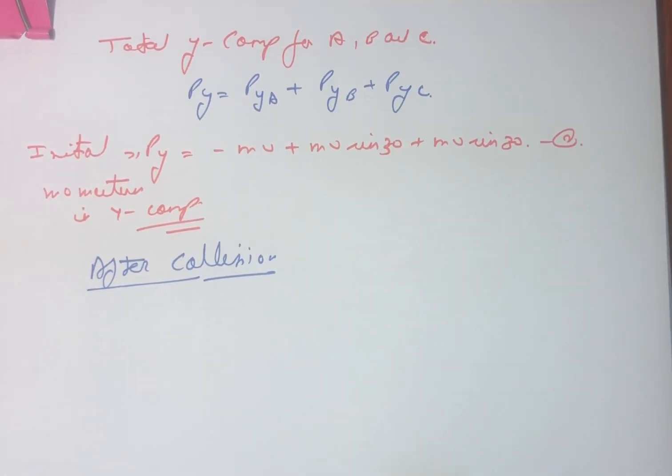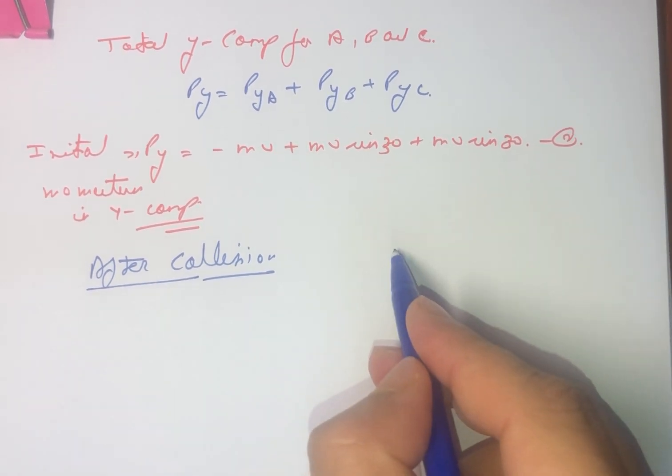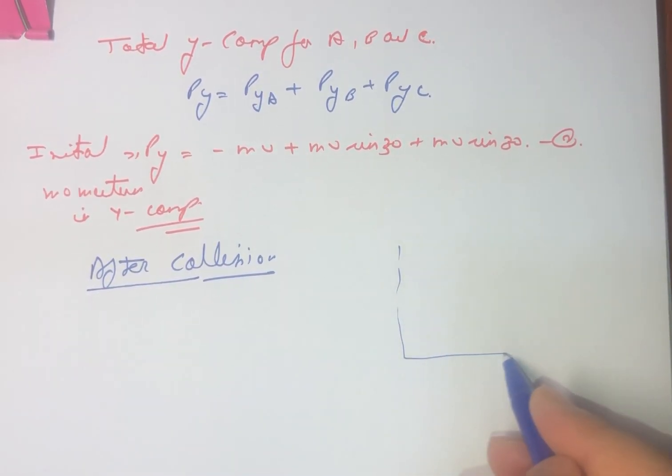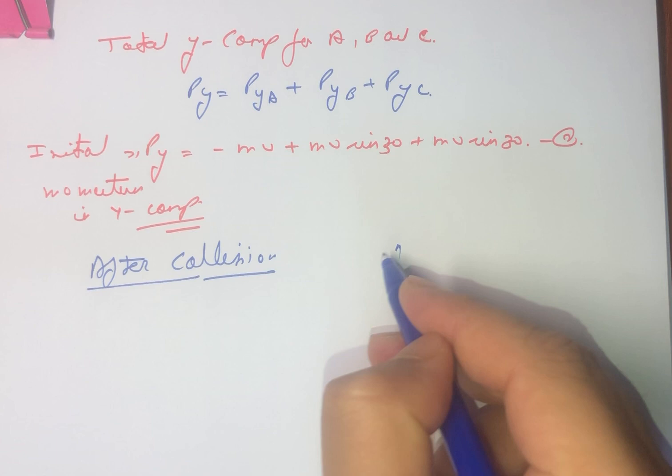After collision, once again, this is our x-axis and y-axis.